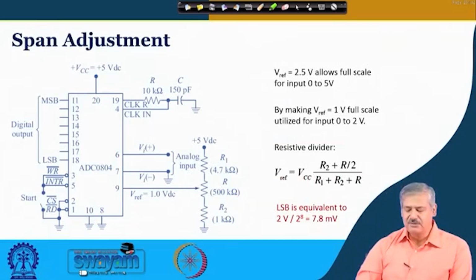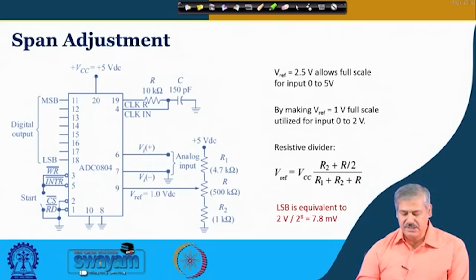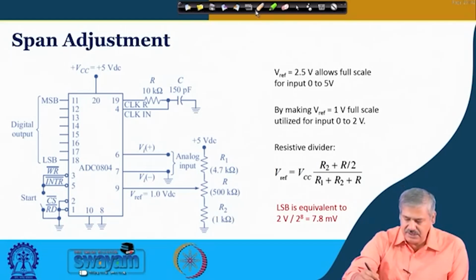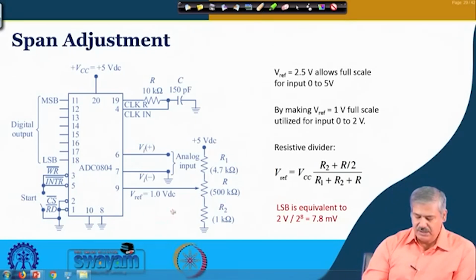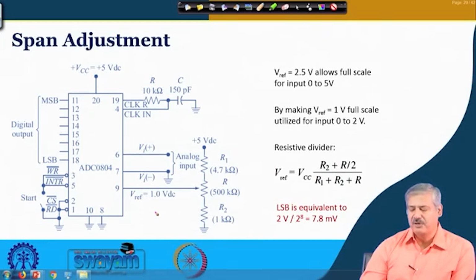Now what we discuss is the span adjustment. So what is it? Let us see. In this case, earlier V reference was 2.5 volt, and the analog input voltage that was getting converted to its digital equivalent was 0 to 5 volt, right.